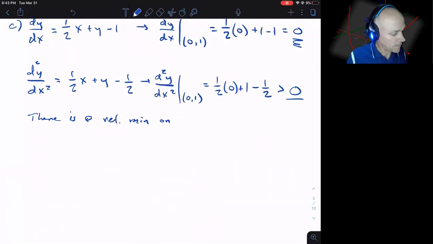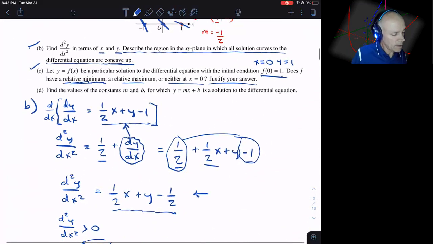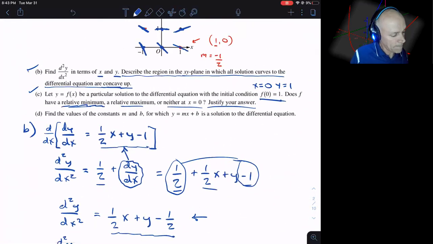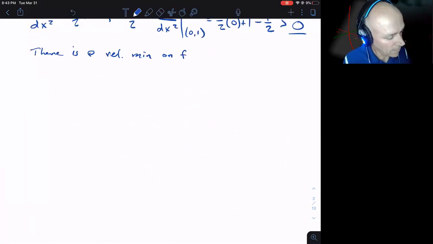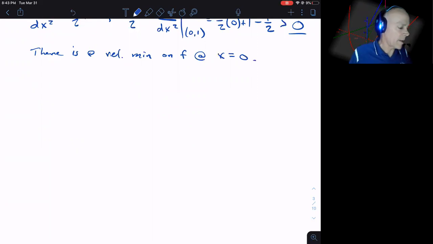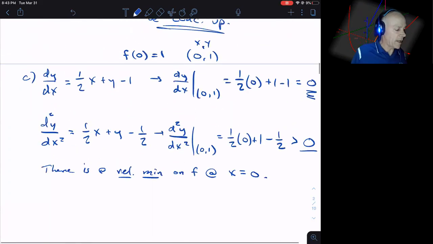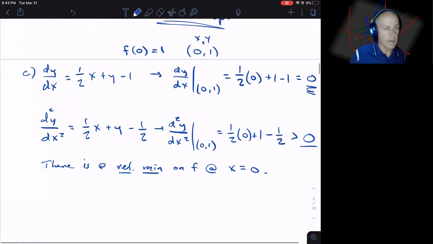And my justification is right above that: the value of my first derivative and my second derivative at that particular point.